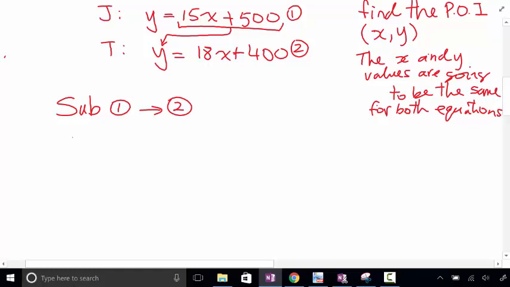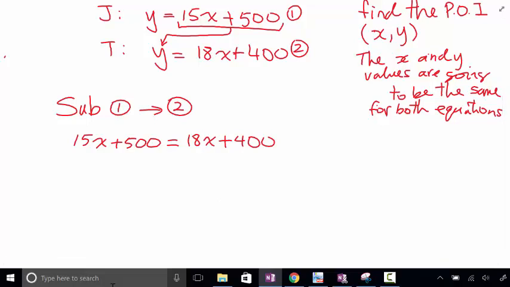Beautiful things happen now, because now you got 15x plus 500 is equal to 18x plus 400. Why is this so beautiful? Because there is only one variable left. There's only x left. There's no more y. So that means I can isolate x. And then you get the value of x, which is the number of meals. You got it?